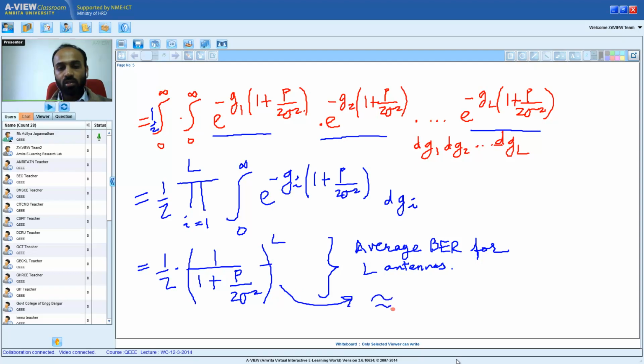It approximately equals to, at high SNR, that is at high value of P by sigma square, what is the value approximately?